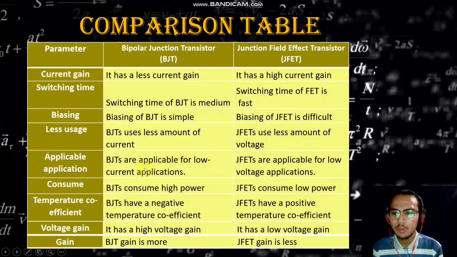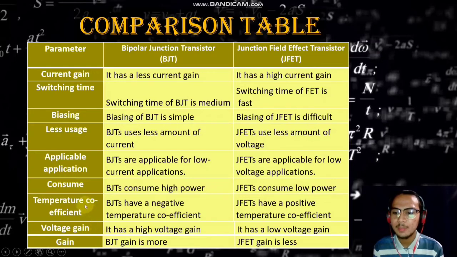For applications, BJTs are low current applications, while JFETs are low voltage applications. BJT consumes high power, while JFET is low power.